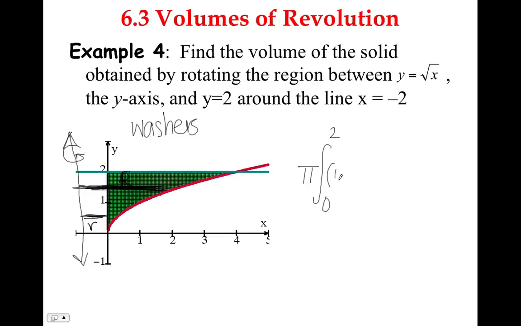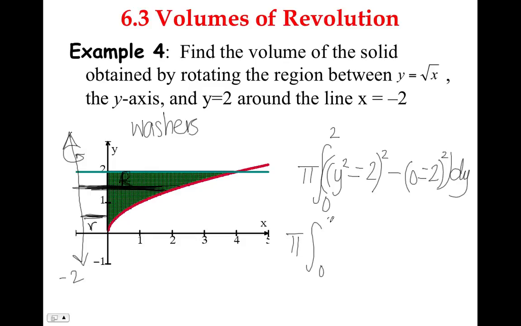So this is going to be y squared minus, left is -2, y squared minus -2 squared, minus my little radius, which is right minus left, 0 minus -2 squared, and this is dy. So I have pi times the integral from 0 to 2 of (y squared plus 2) squared minus (0 minus -2, which is 2) squared dy.